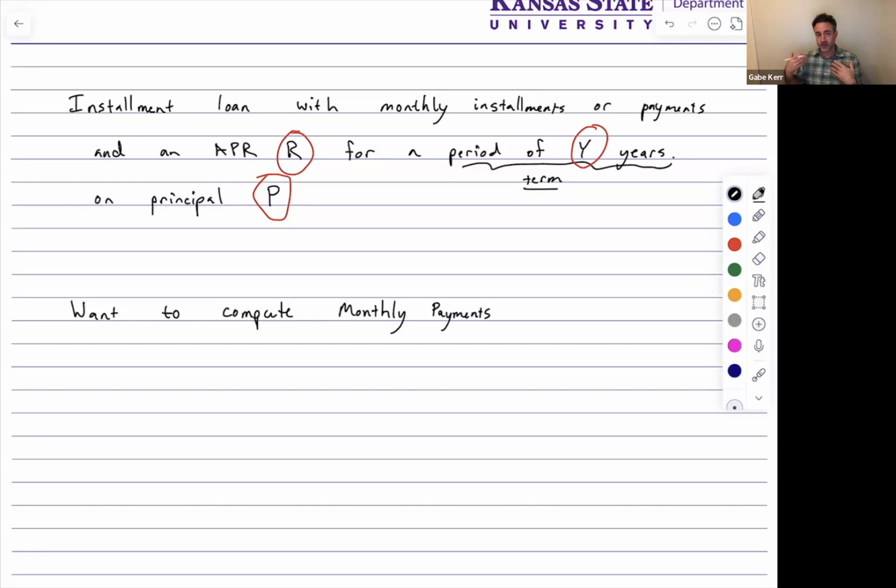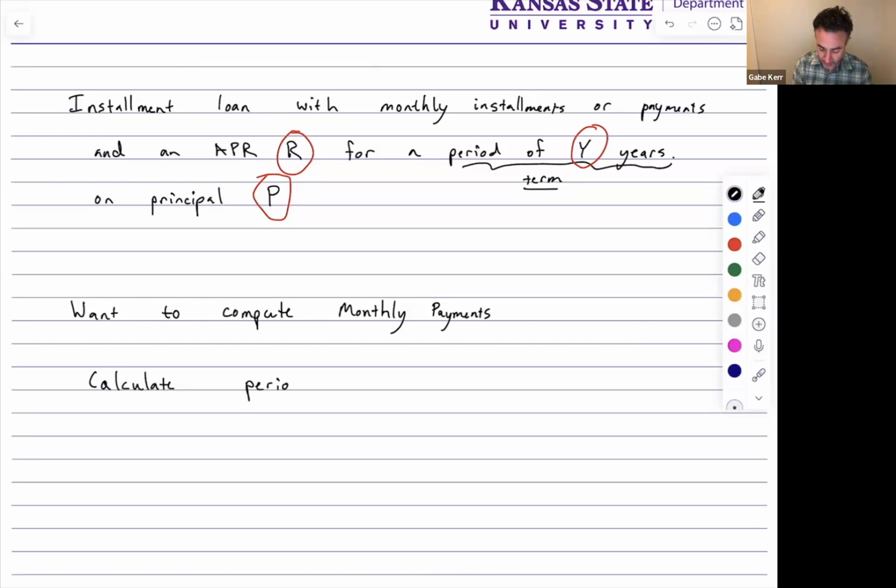Your installment loan will typically compound monthly if you're doing a monthly installment loan. So you want to calculate your periodic rate to apply the formula that we're going to write down.